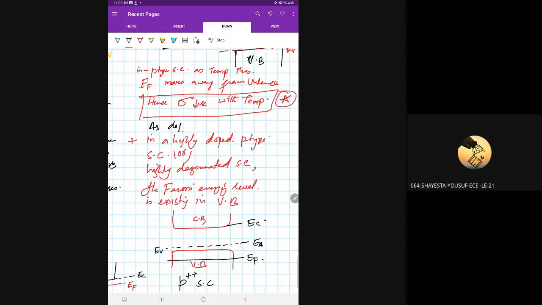As doping increases, we took two cases earlier as well. When temperature increases, we said that conductivity will decrease, but as doping increases, what will happen? The p-type semiconductor will try to become a highly doped semiconductor, and in a highly doped semiconductor, the Fermi energy level will be in the valence band if it is p-type. Therefore there will be a downward shift for the Fermi energy level, which is denoted by a negative sign.